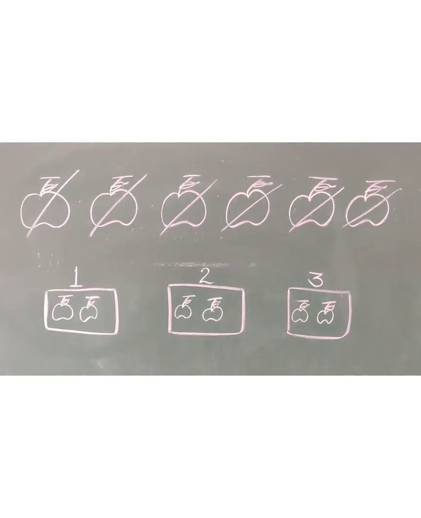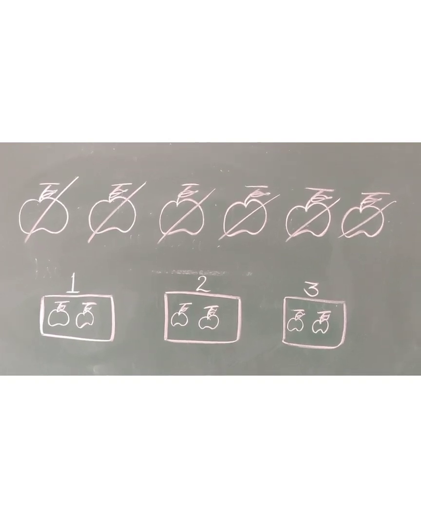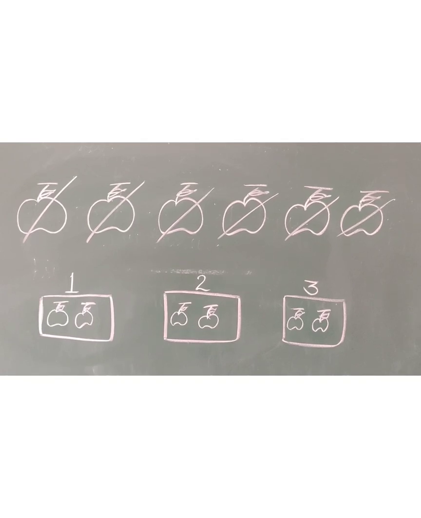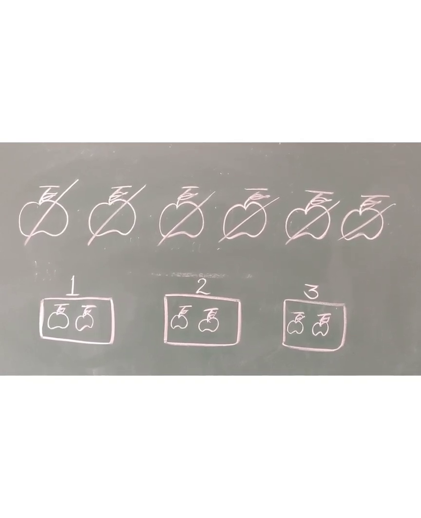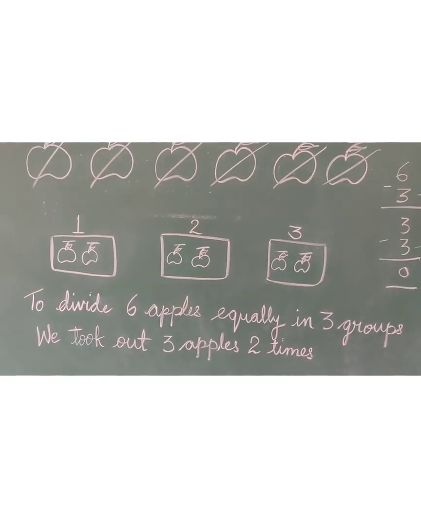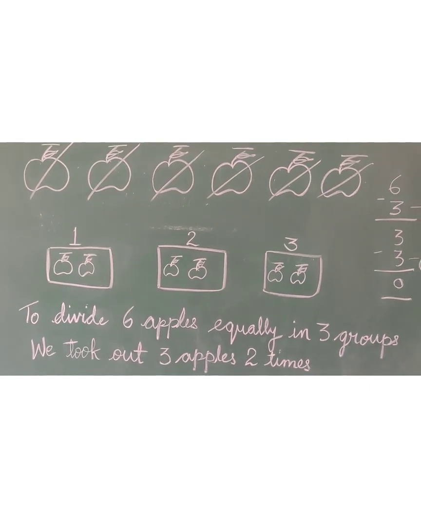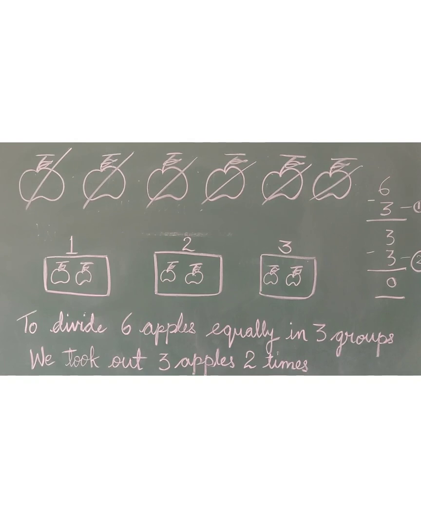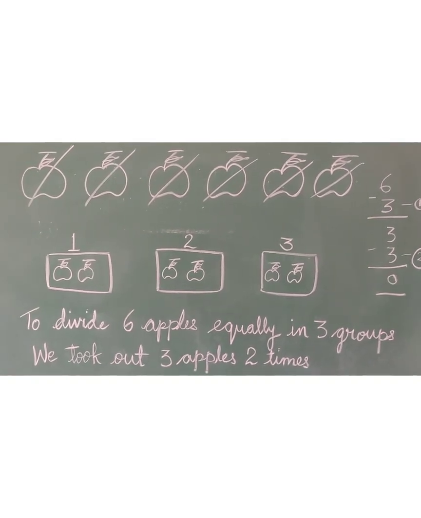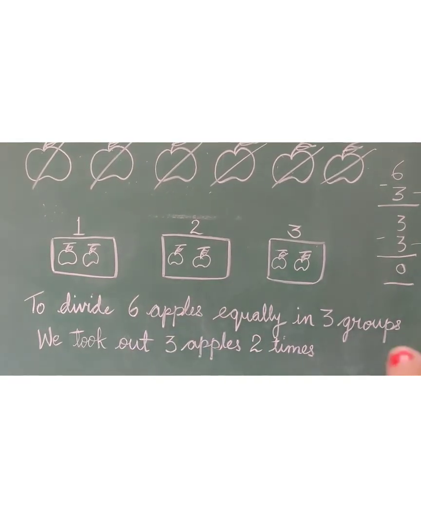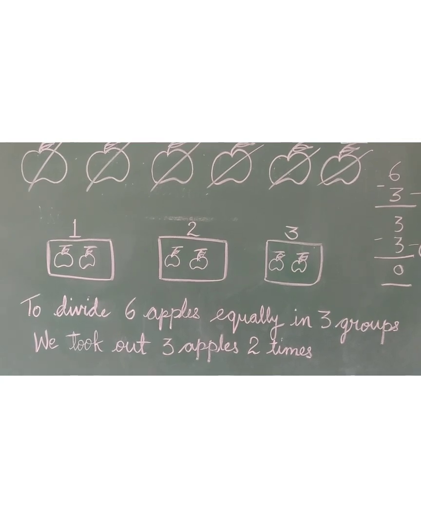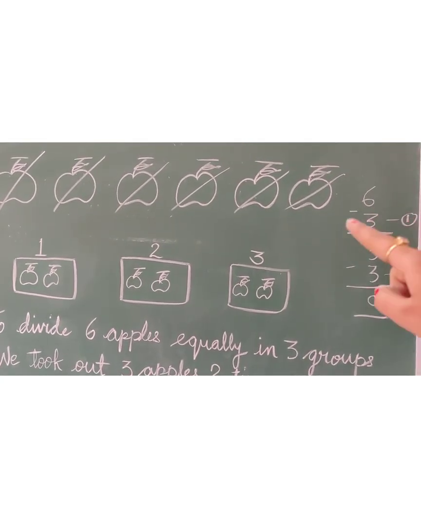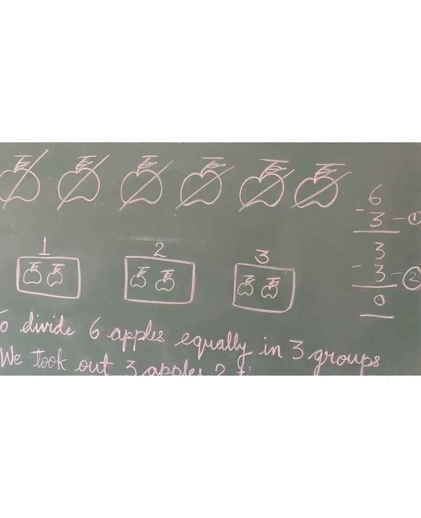So children, this way each group gets 2 apples. Okay? So children, to divide 6 apples equally in 3 groups, what did we do? We took out 3 apples 2 times. Or we can say that 3 was subtracted 2 times.